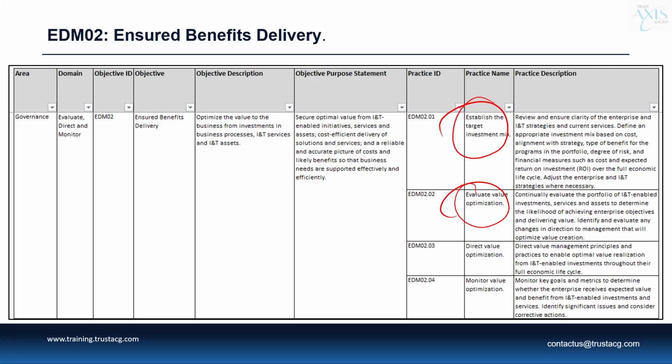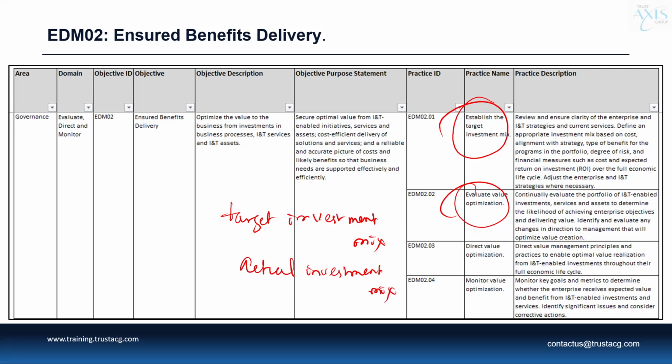Okay. So some of the metrics that could be used to confirm whether your evaluation is being done properly can be something like documenting the deviation between the target investment mix that you had established, in terms of where you want to invest in the IT portfolio and which ones are to be prioritized over the others, versus the actual investment mix that is operating on the ground as of today, right?